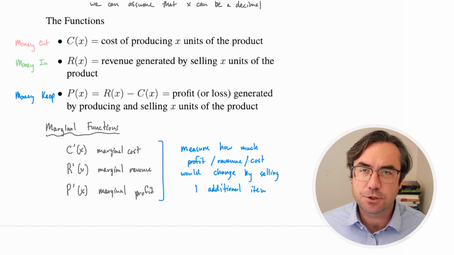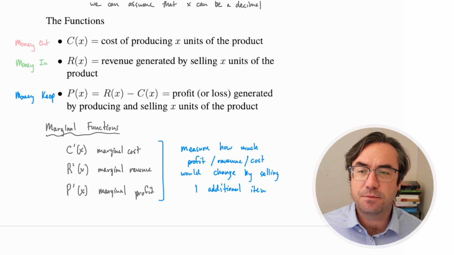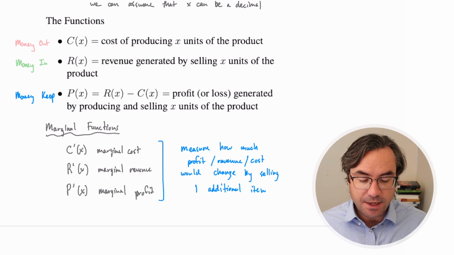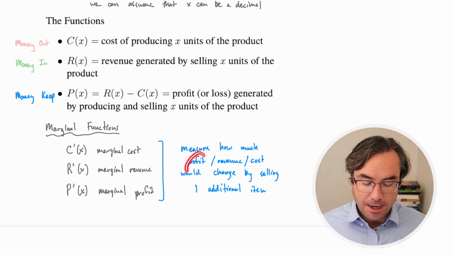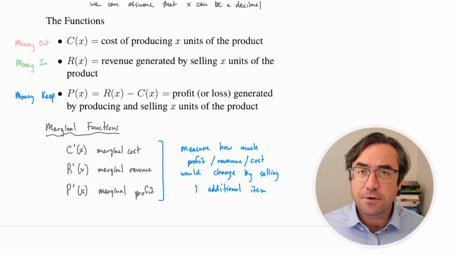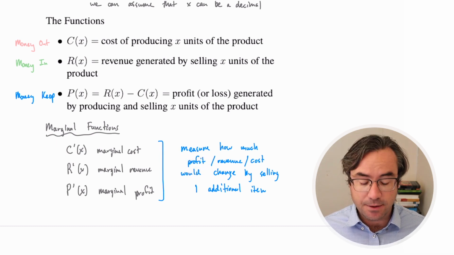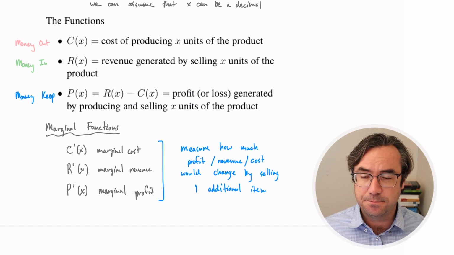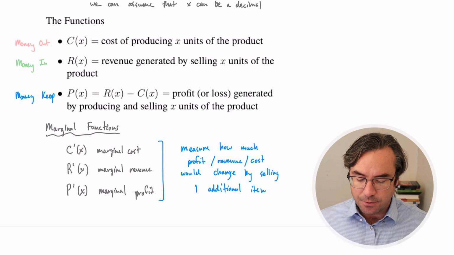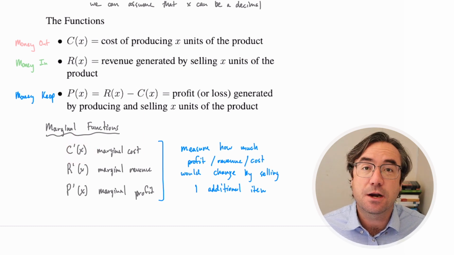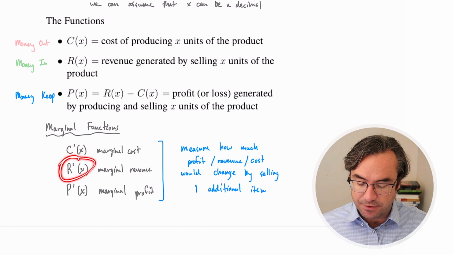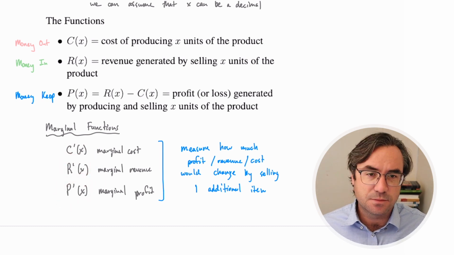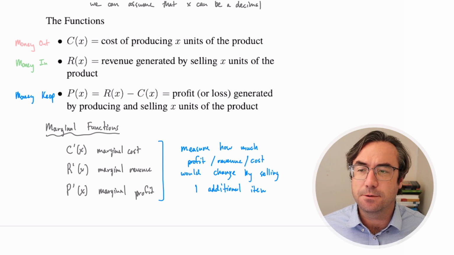So this is going to be our interpretation of these marginal functions. They give us a way to measure how much either our profit or revenue or cost, whatever we're investigating, would change if we were to sell or produce one additional item. So they're measuring the change in our cost, or the change in our revenue, or the change in our profit. It's what we've seen with derivatives before.